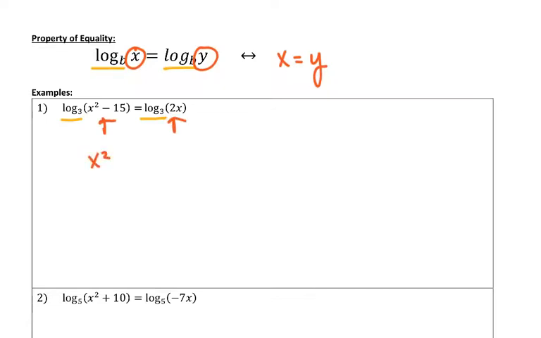So we have x squared minus 15 has to equal 2x. Now, if this was just a linear equation, that would make it a little bit easier, but this is a quadratic, so we have to solve it like we did back in Unit 5. In quadratics, you want to make sure that you set it equal to 0 in order to solve.